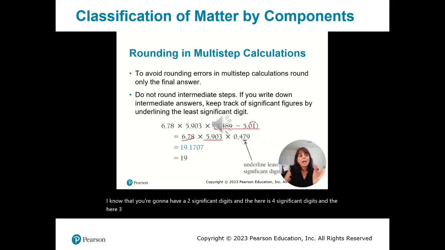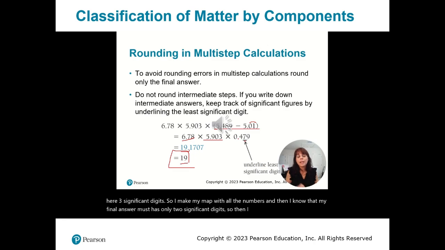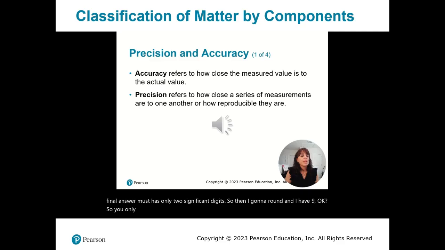So I do my math with all the numbers, and then I know that my final answer must have only 2 significant digits. So then I round, and I have 19. Okay? So you only round the final results.